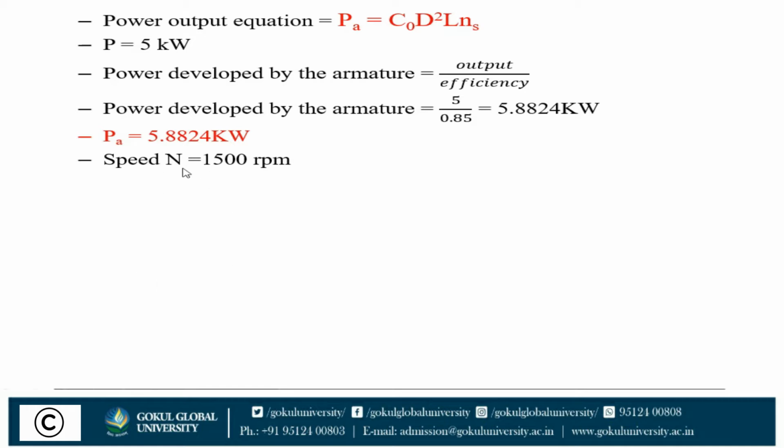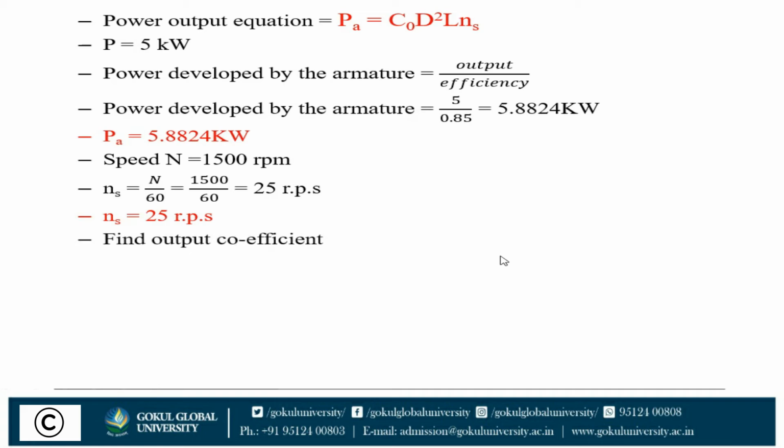This speed is in the form of RPM, so now you have to convert this speed into RPS form. So ns is equal to n divided by 60, which is 1500 divided by 60. It means 25 RPS, revolutions per second. So ns is equal to 25 RPS.